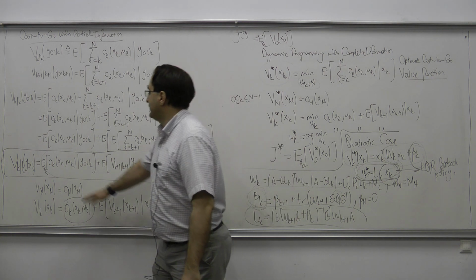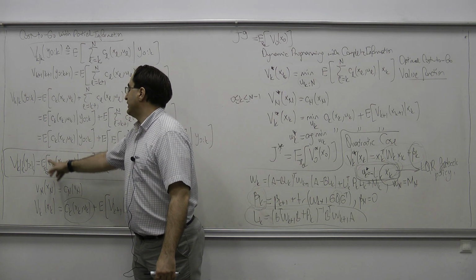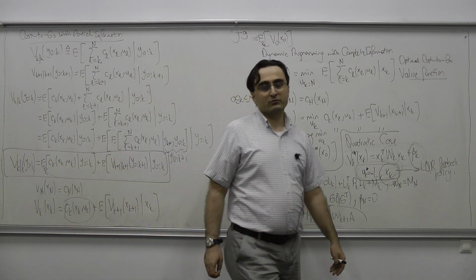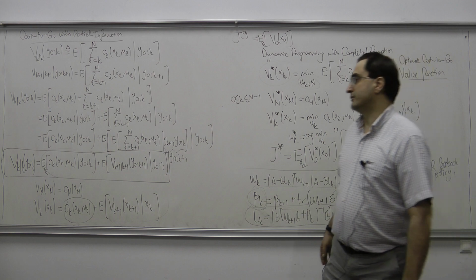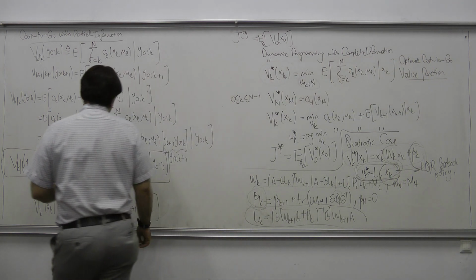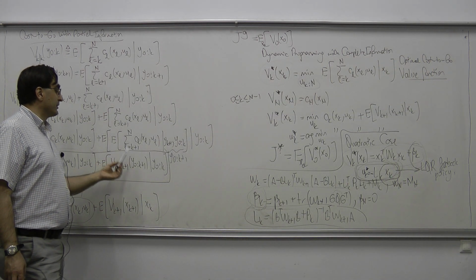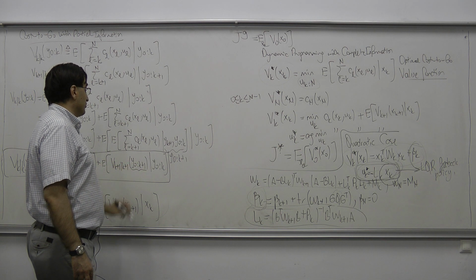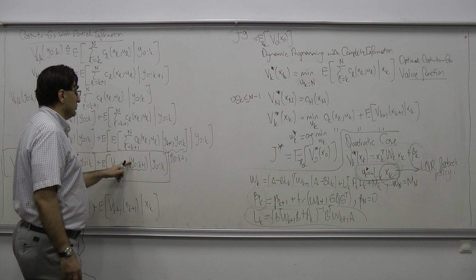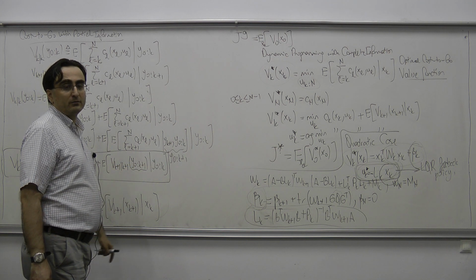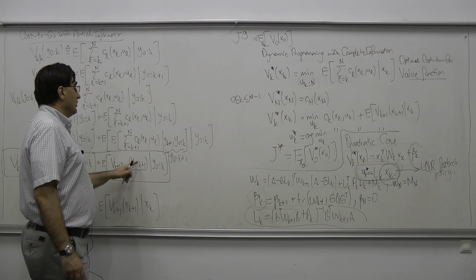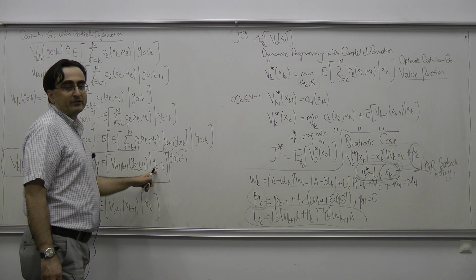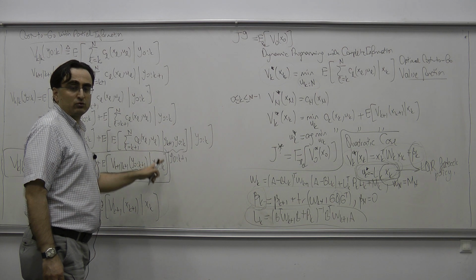Okay? So when I take this expectation, I'm going to need to use the Kalman filter estimation results, the posterior densities in that case. And what about the second expectation here? The quantity that I'm trying to find the expectation of is a function of y0 to k plus 1. Among these outputs, y0 to k are already given to us.